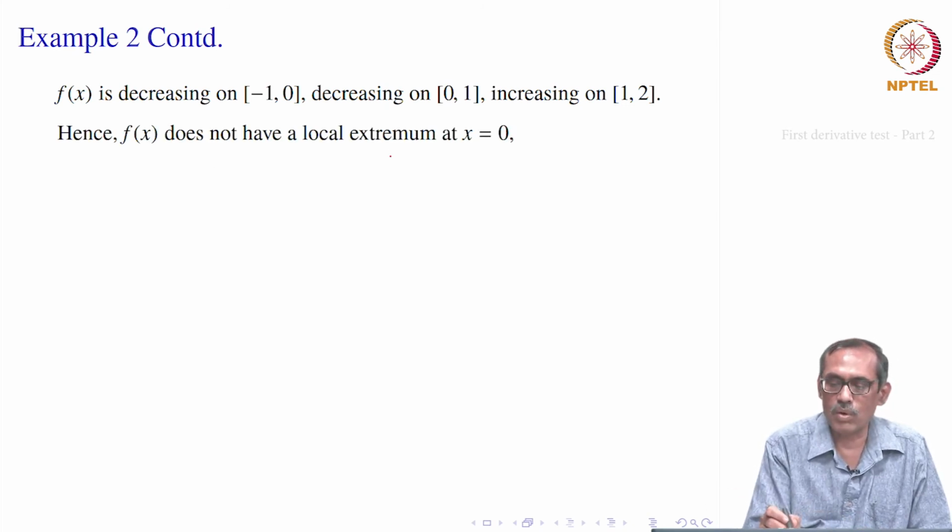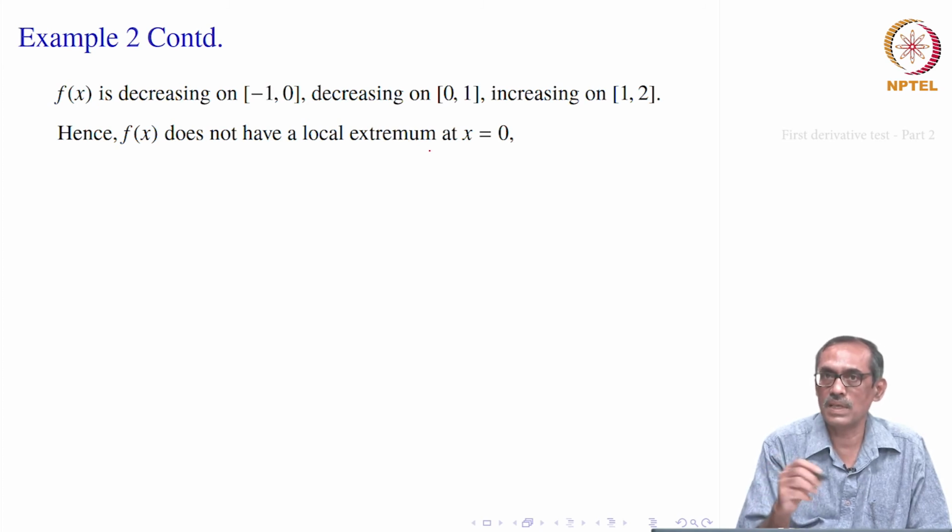So, it does not have a local extremum at x equal to 0, because at 0 there should be a change of sign, but there is no change of sign here. It is the same minus throughout from minus 1 to 1 except at 0, neither from minus to plus nor from plus to minus when you go from the left side of 0 to the right side of 0.